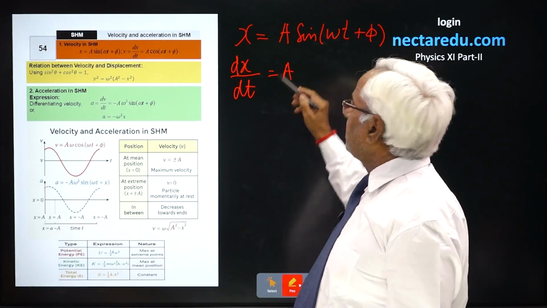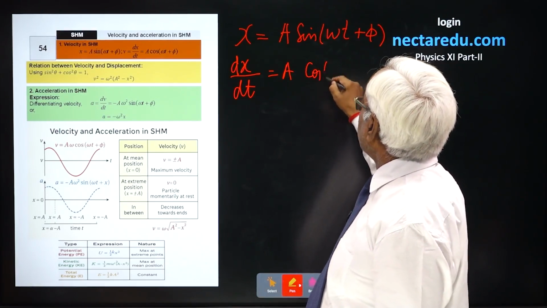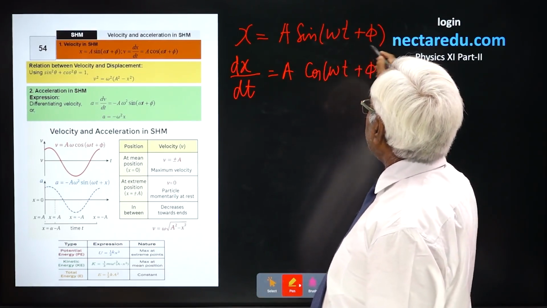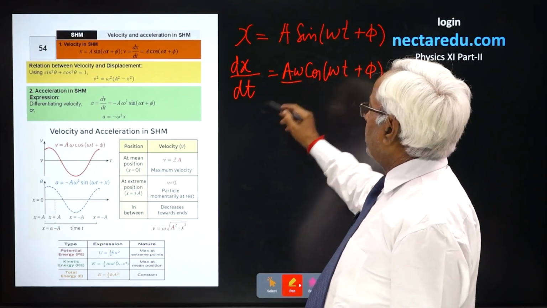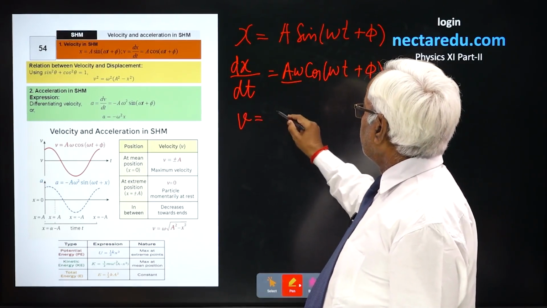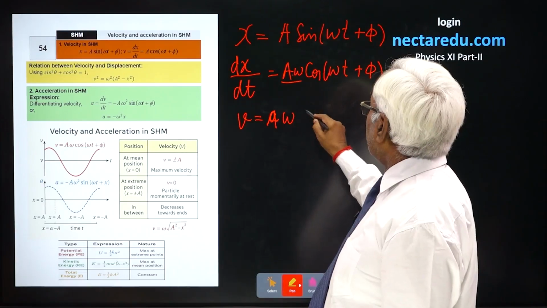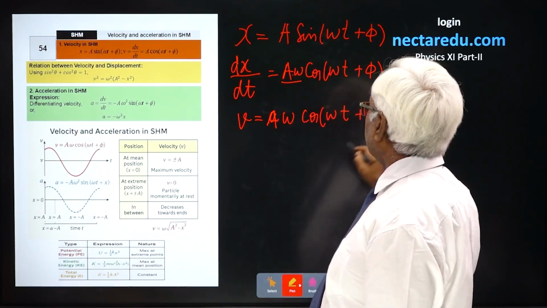A sine becomes cos when differentiated, so it will be cos(omega t plus phi), and this would be differentiated again, giving you another term omega. So for velocity you are getting A omega, with capital A for amplitude, times omega cos(omega t plus phi).